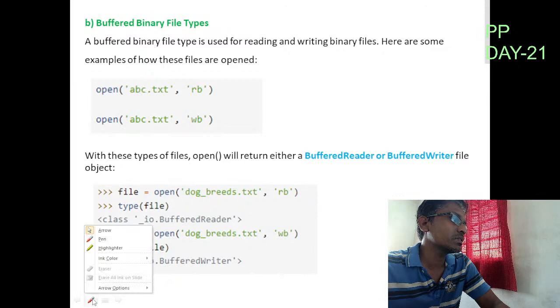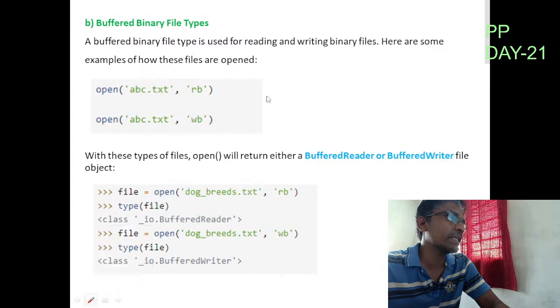If you want to perform read and write operations on binary files, you use buffered binary file types. For example, open abc.txt comma rb, where rb stands for read binary.